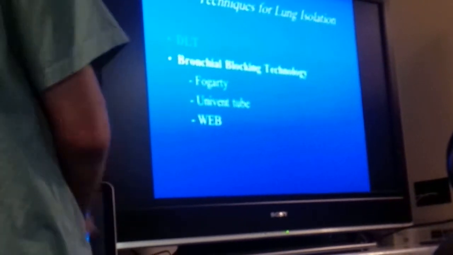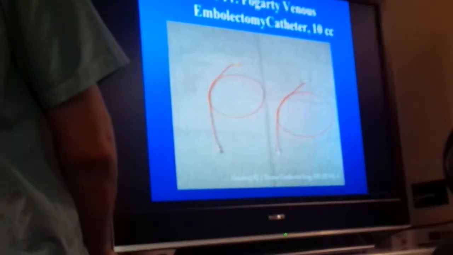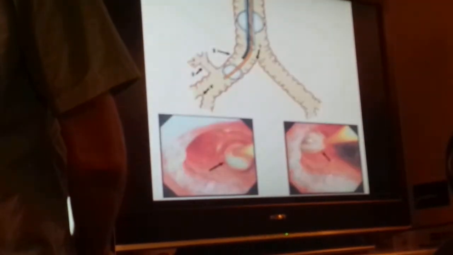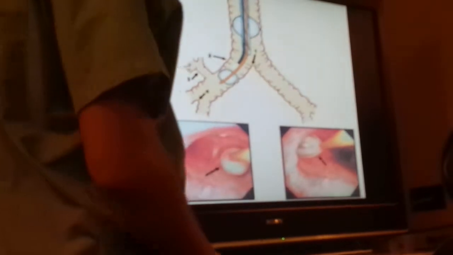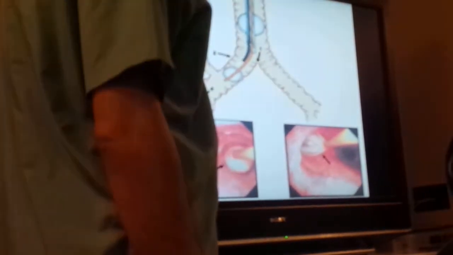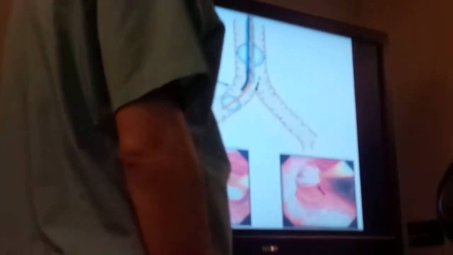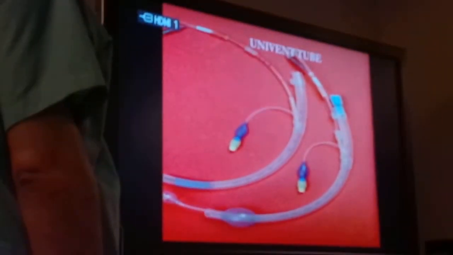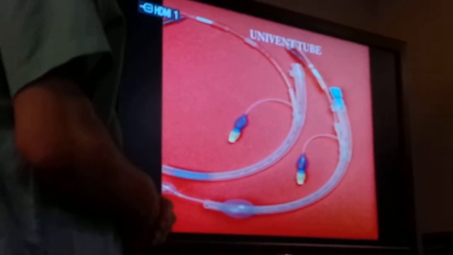Now coming to the other means of lung isolation, Fogarty had been used. Not been used since the 80s actually. This is how to isolate the left side, or the right side. I'm not talking much about it. This is the Univent.